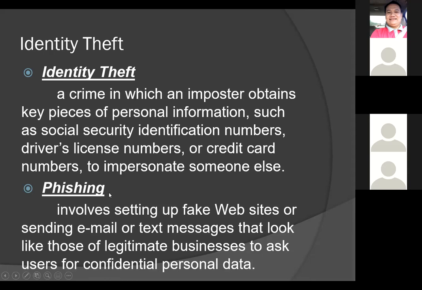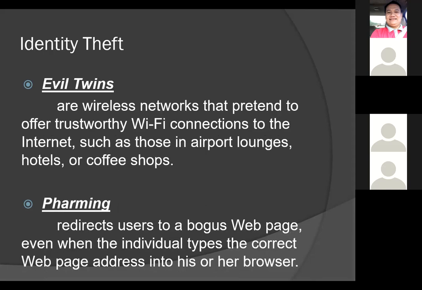Phishing. It involves setting up counterfeit sites or sending email or instant messages that resemble those of legitimate companies to ask users for private personal information. Evil twins are wireless networks that claim to offer trustworthy Wi-Fi connections to the internet. And the last one is pharming.